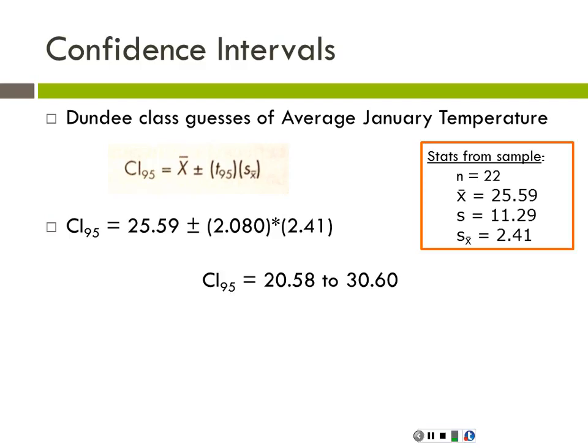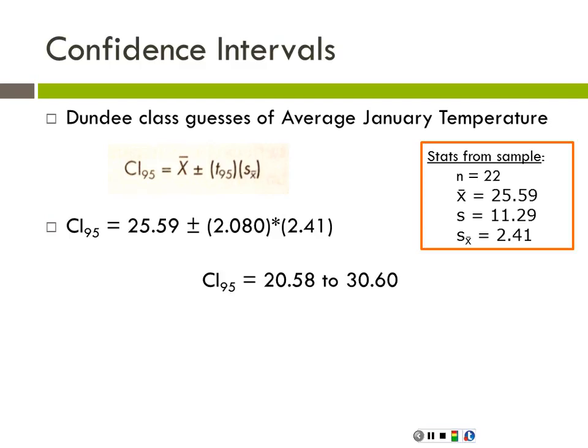Do you want me to say that again? Okay, so with this 95% confidence interval, what you're saying is that you are 95% sure that the mean for the population that this sample represents is between 20.58 and 30.60.